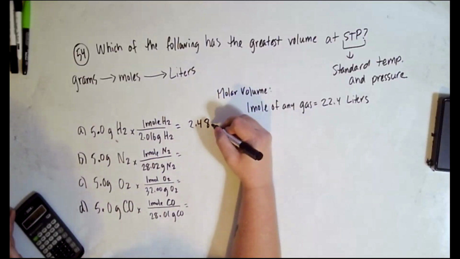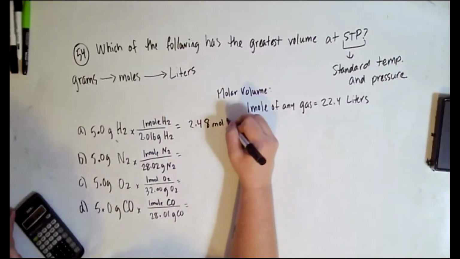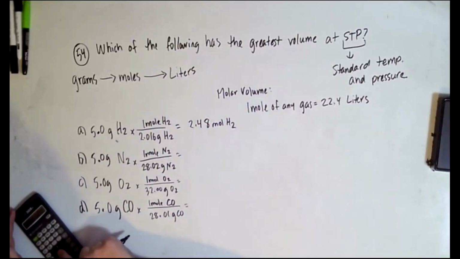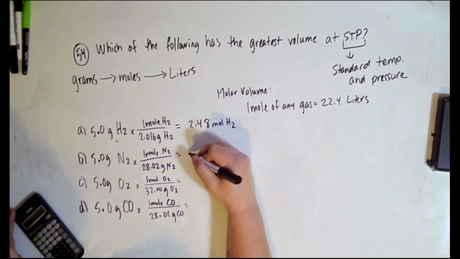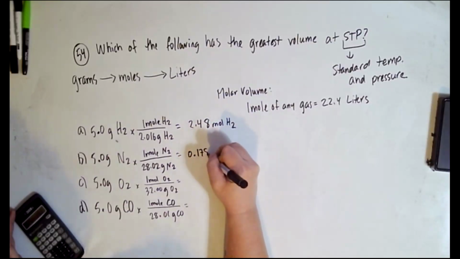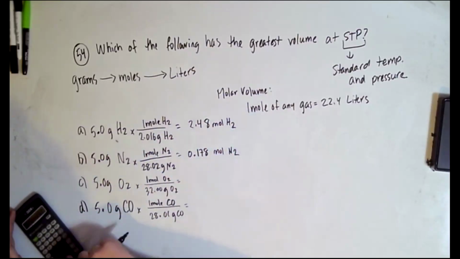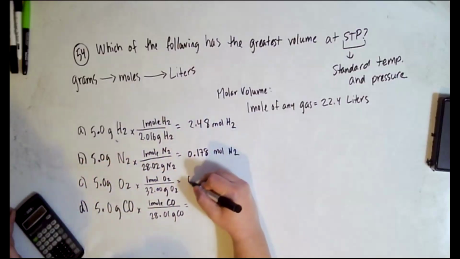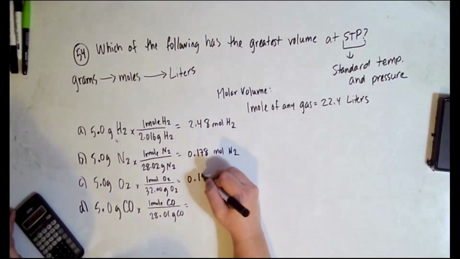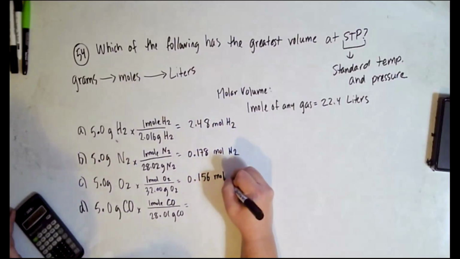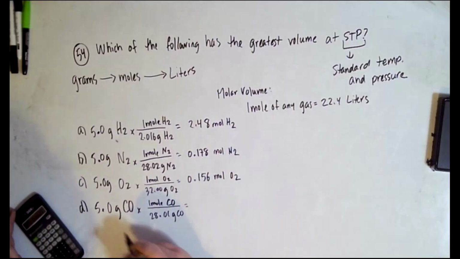So 5 grams of hydrogen means I'm going to have 2.48 moles of hydrogen. 5 grams of nitrogen means I'm going to have 0.178 moles of nitrogen. 5 grams of oxygen means I'm going to have 0.156 moles of oxygen.